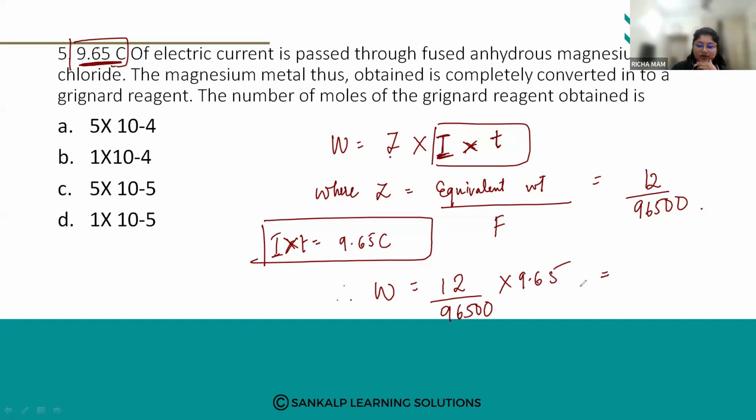It will be 12 divided by 96,500 into 9.65, that is 0.0012. Now, Mg2+. Magnesium chloride is converted into magnesium metal. So how many grams of Mg is converted, you have to check now.